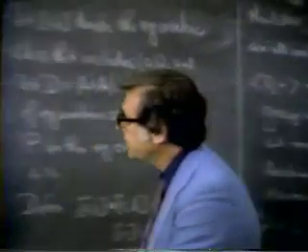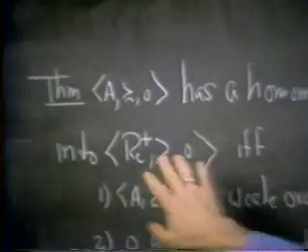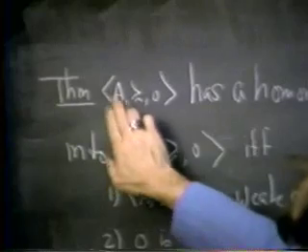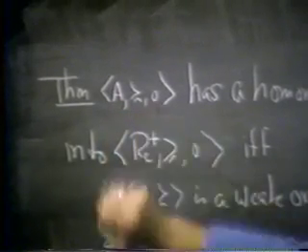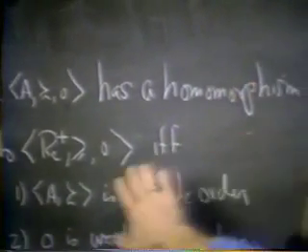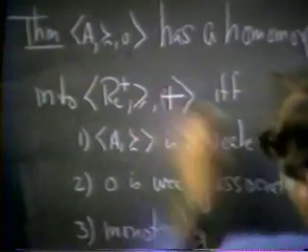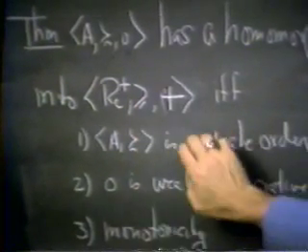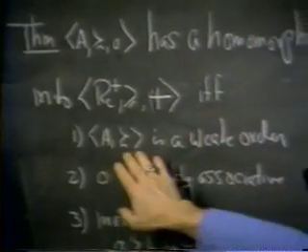You recall the theorem that we're interested in begins with a system that consists of a set, a binary relation, and a closed binary operation. And it asserts that that structure has a homomorphism into the positive additive reals if and only if the following five conditions are satisfied.